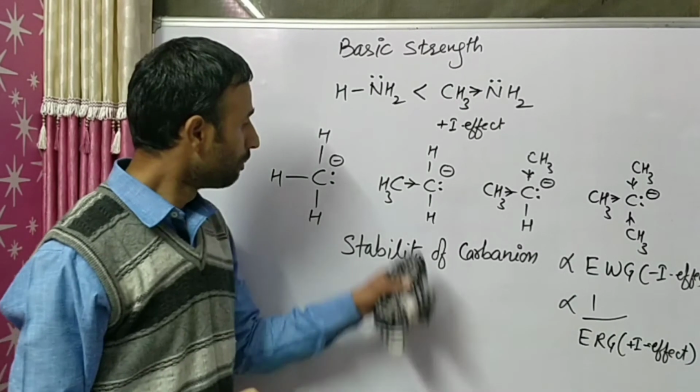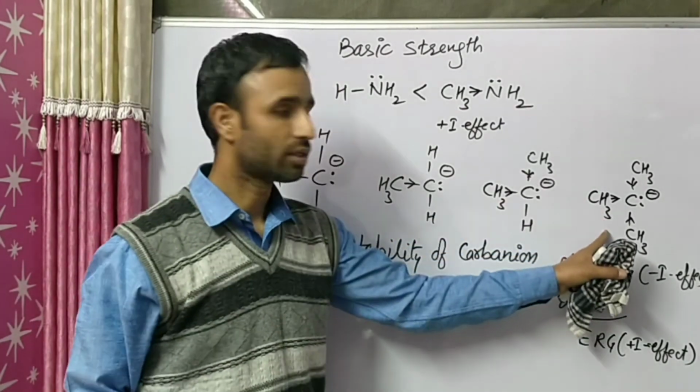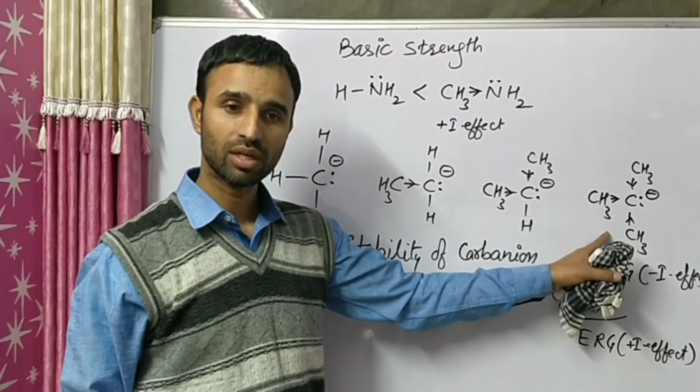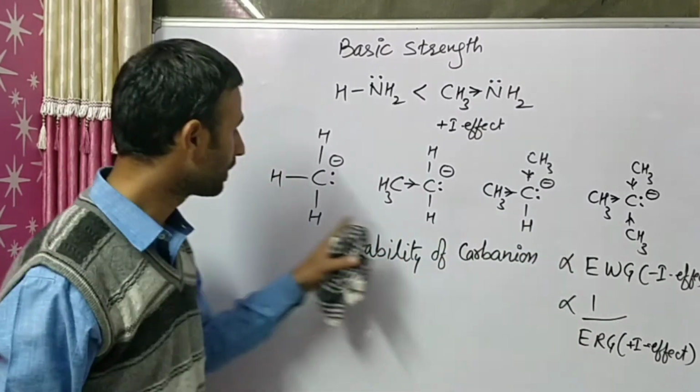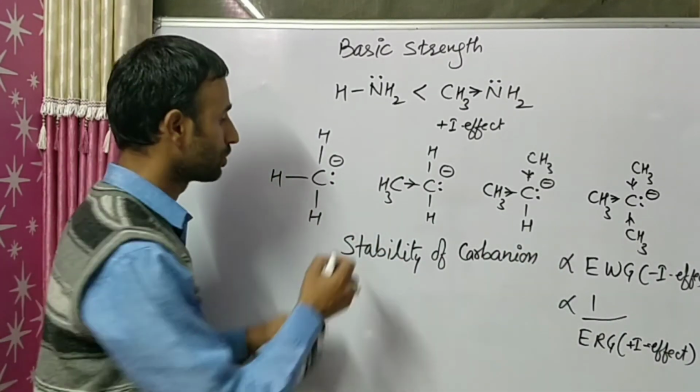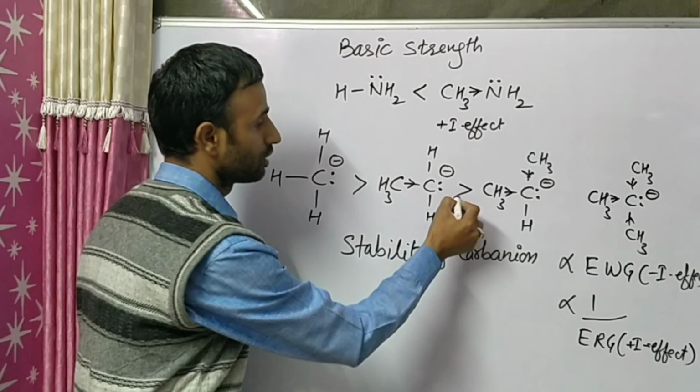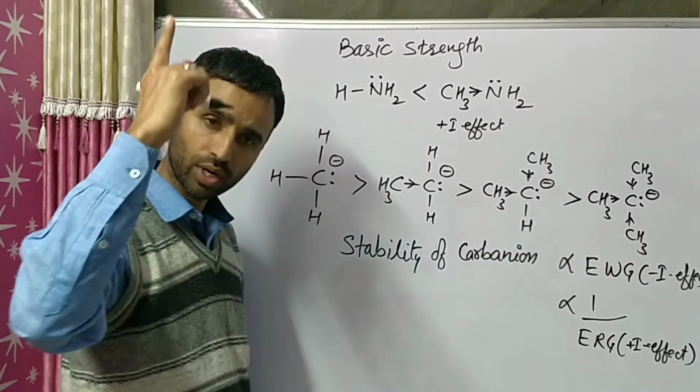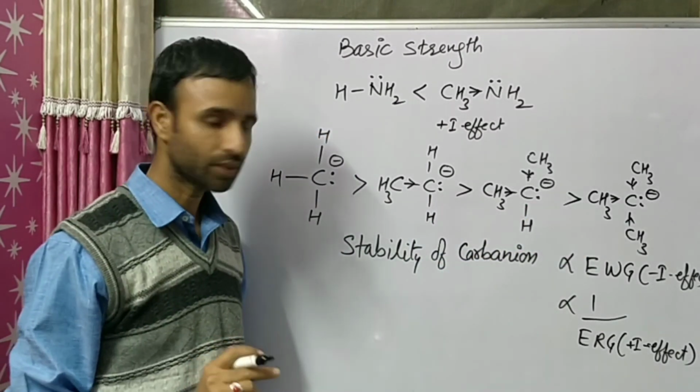Right? Means the tertiary carbanion is least stable and the methyl carbanion is most stable. So the order is just the reverse of carbocation. Okay.